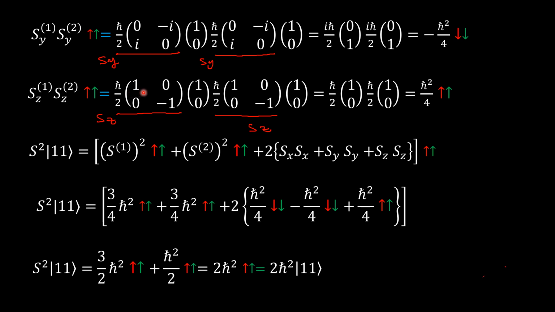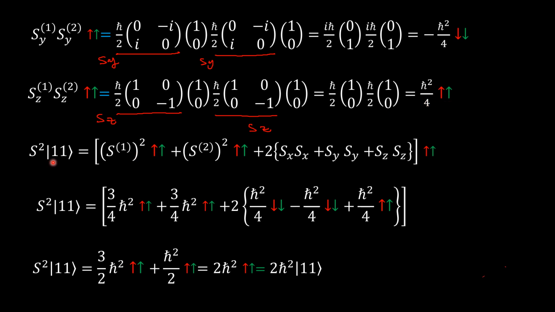Now you multiply this (1, 0): the first row with this column is 1, and the second row with this column is 0. Similarly for this one. So this is ħ/2 (1, 0) and ħ/2 (1, 0). That is the same spin up state. So ħ squared over 4 spin up state.